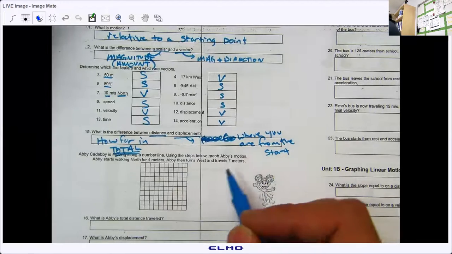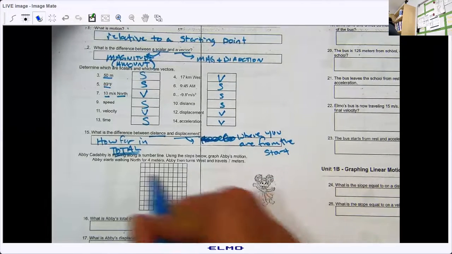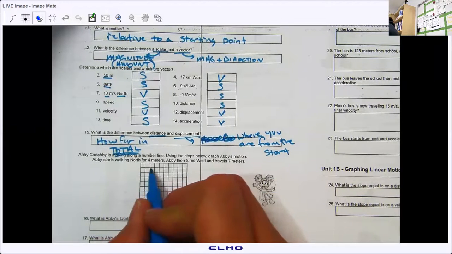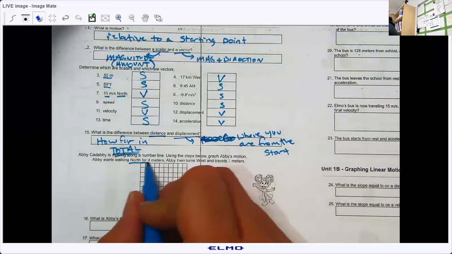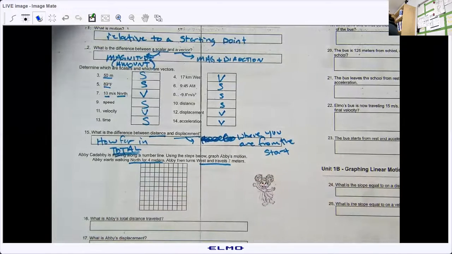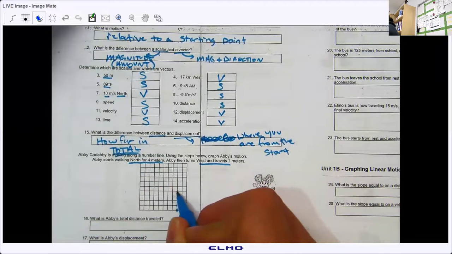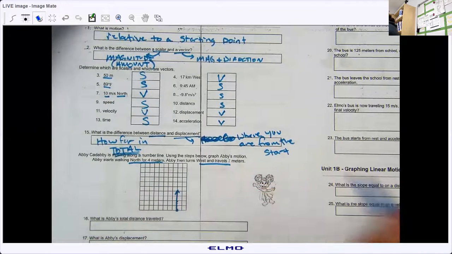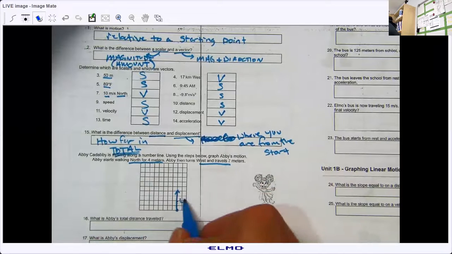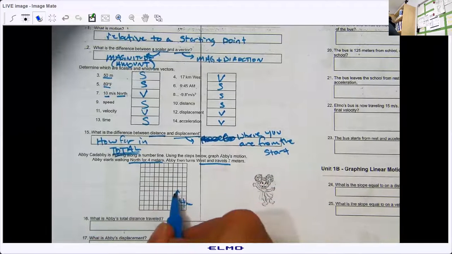Here's an example of that. If we look, we have someone that's moving 4 meters north and then turning west and traveling for 7 meters. So if we start here, and we go 1, 2, 3, 4, draw a displacement vector. That was 4 meters. And then she turns and goes 7 west.